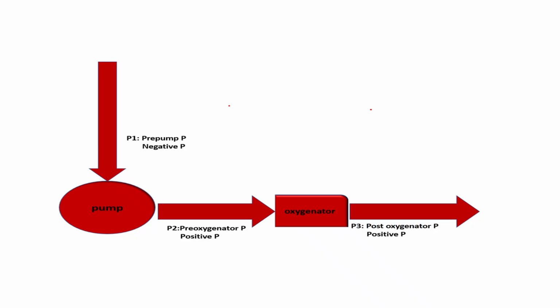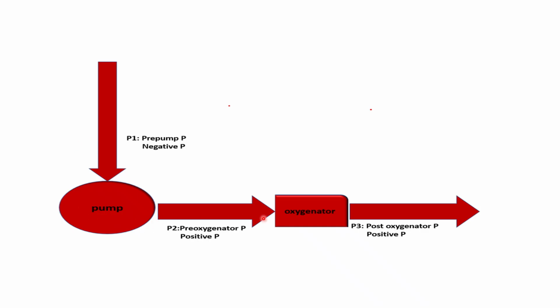Another important part of the ECMO circuit is the pressure inside the circuit. The first one is before the pump, pre-pump or P1, which is negative pressure. This is the negative zone, or what we call the non-touching zone. Any touching or dealing with this zone, opening or connection, will lead to air embolism inside the circuit.